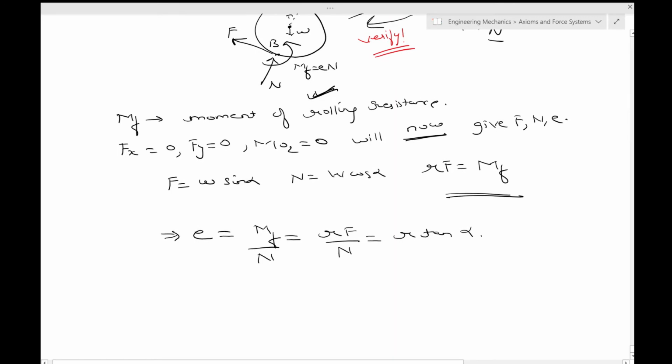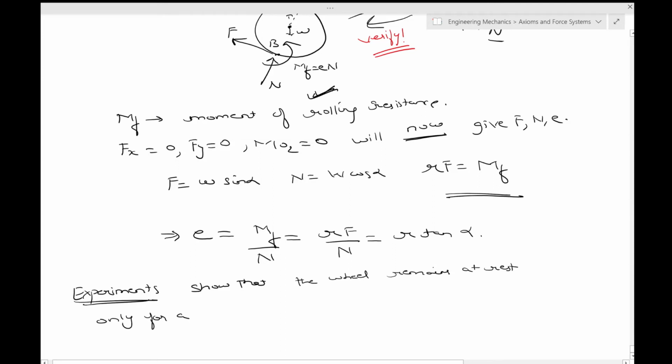Now the experiments of this, what we have just discussed, show that the wheel remains at rest only for small values of alpha.